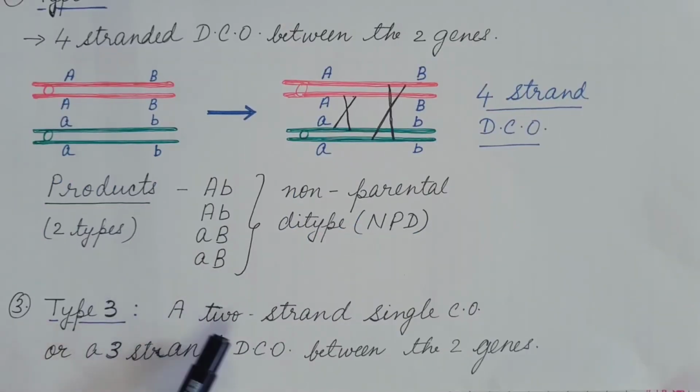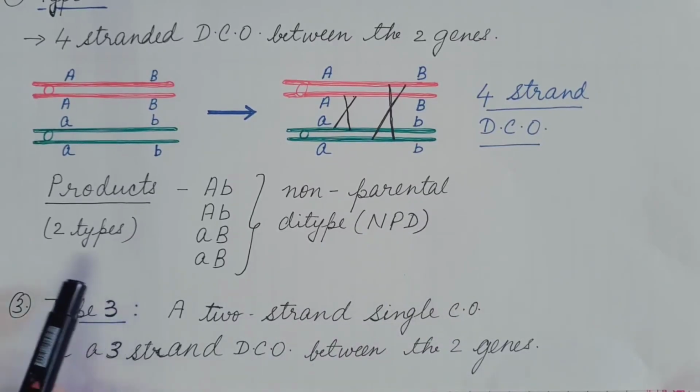Type 3. When a 2-strand single crossover or a 3-strand double crossover takes place between the two genes, it results in the third type of tetrad.